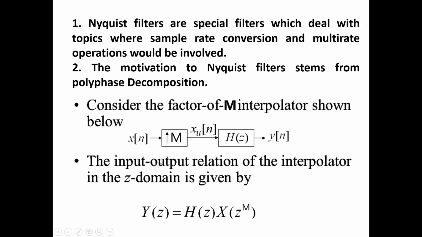Now, the input output relation of the interpolator in the z domain is given by Y(z) equal to H(z) X(z^M). So this is how we can mathematically represent an interpolator in terms of its output and input. That is Y(z) equal to H(z) X(z^M).